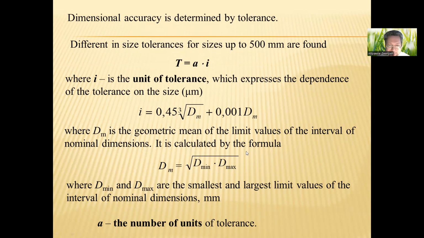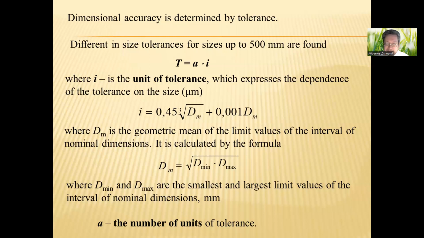I equals 0.45 multiplied by the cube root of Dm plus 0.001 multiplied by Dm. In this formula, Dm is the geometric mean of the limit values of the interval of nominal dimensions.